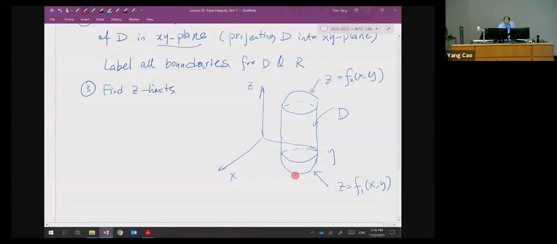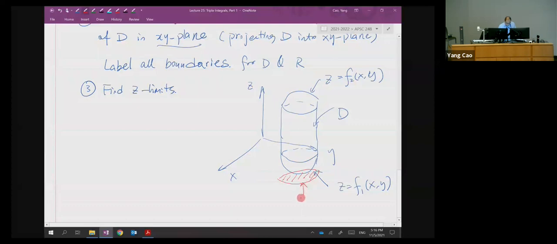So projecting it onto the XY plane, assume the result of the projection gives me a region R that looks like this one. Depending on the actual region D you sketch, you'll get some kind of a shadow. Suppose this shadow has two boundaries.